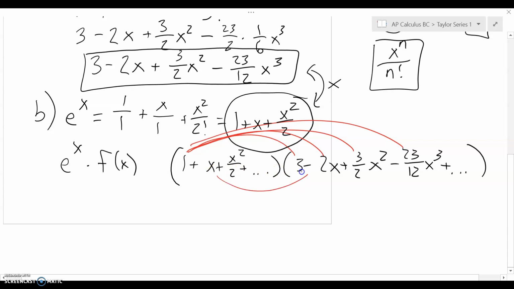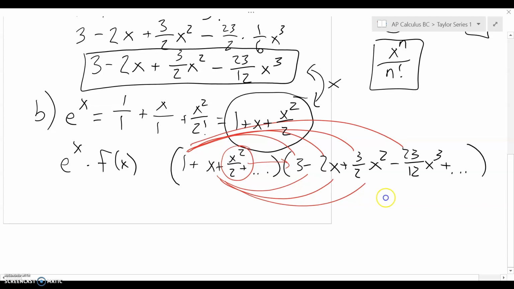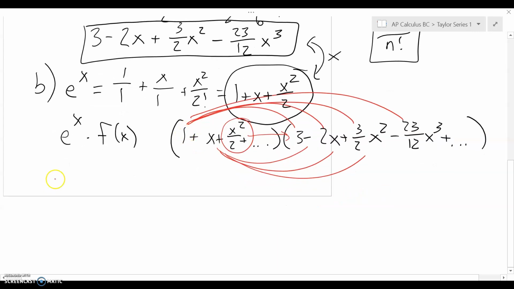That second arc is going to do the same thing. And by the time you start drawing in the third arcs, to get to a second degree, you only need one. You only need to hit the 3 with it, because once it hits the next term, you're going to get to an x to the third power, which we're not after. So e to the x times f of x, if I take that 1 and arc it through, to get up to a second power, it's going to hit 3, it's going to hit 2x, and it's going to hit 3 halves x squared.